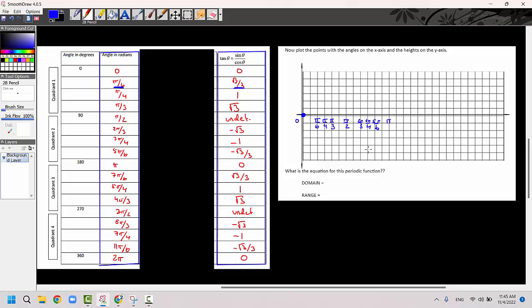Skip 1, that becomes pi. So again, we're doing this super detailed graph right here. And it's just going to do this. And then that's 3 pi over 2, skip a space, 5 pi over 3, 7 pi over 4, 11 pi over 6, skip 2 more, 2 pi.